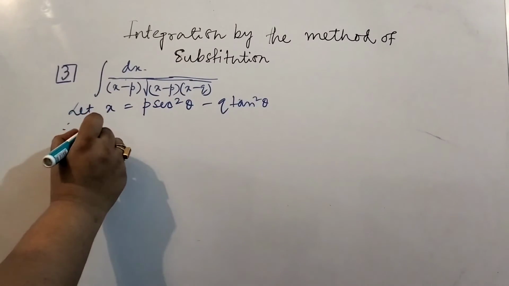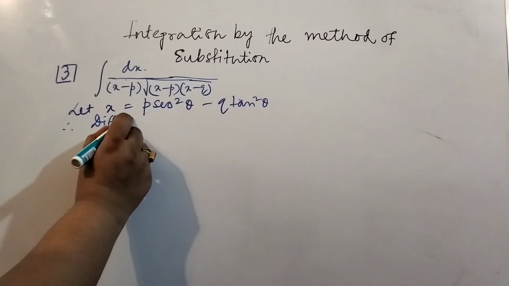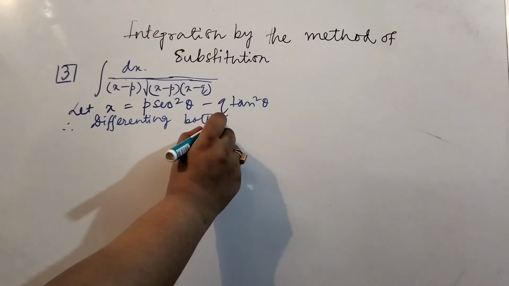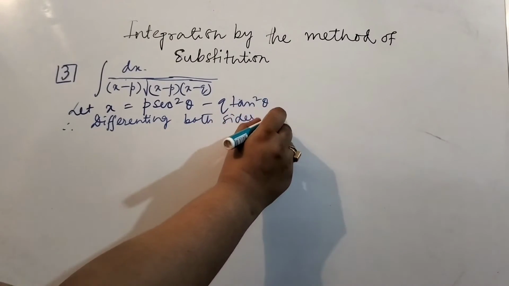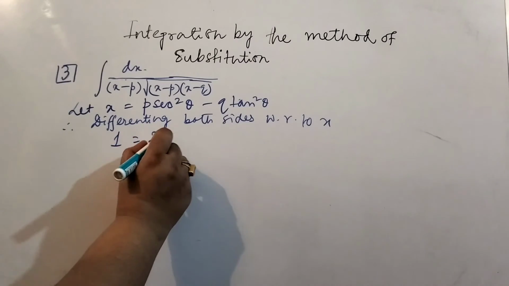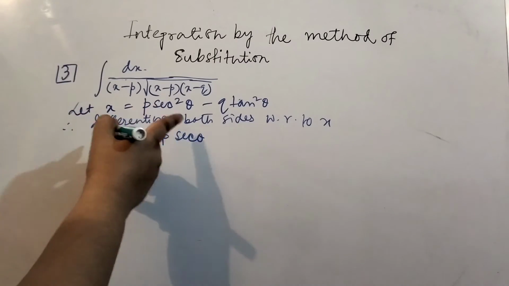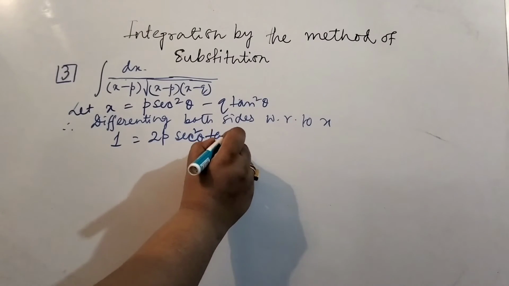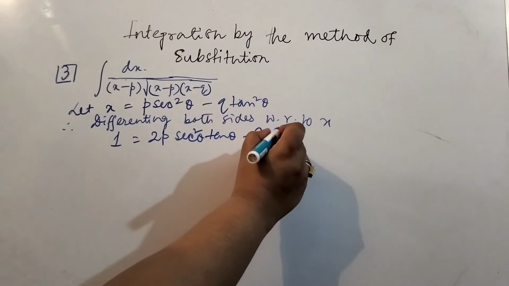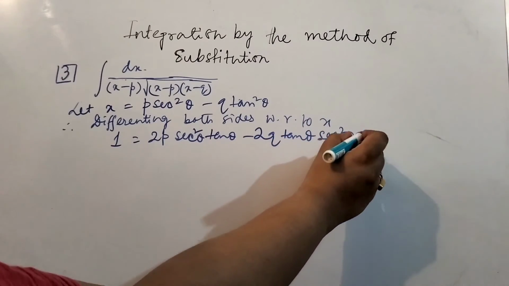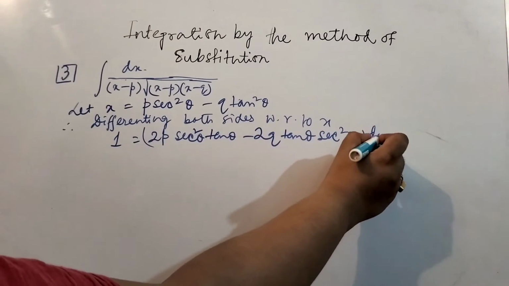So here differentiating both sides with respect to x, we get 1 is equal to 2p sec theta into sec theta tan theta. So as a whole it will give us sec square theta tan theta, and this will give us 2q tan theta sec square theta d theta dx, right?